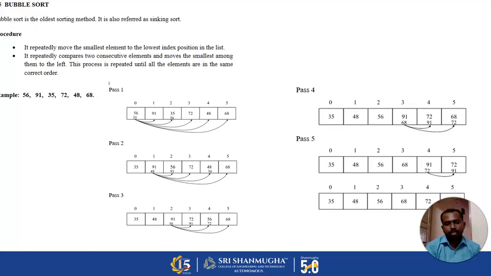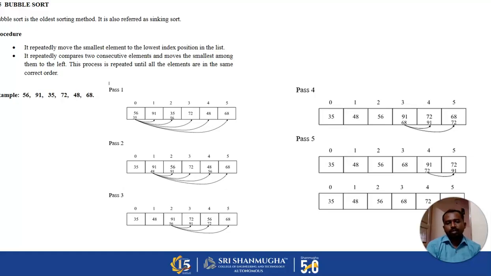So 48 is lesser and 56 is greater, so index 4 is swapped to index 2, and index 2 is swapped to index 4. Okay, next we have 35 and 56, and 91 is replaced. Next we have pass 3: 35, 48, 91, 72, 56 and 68. Next we swap 91 and 72.